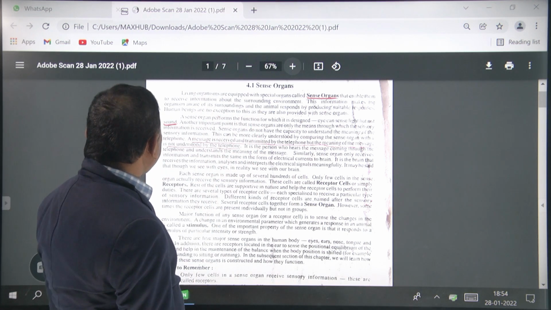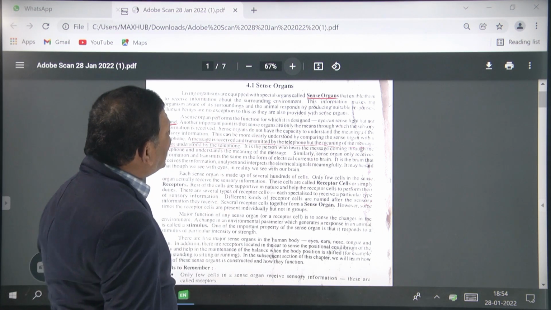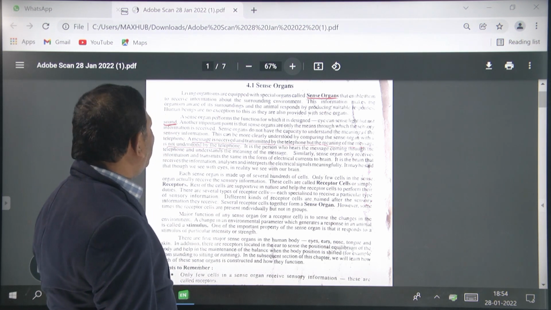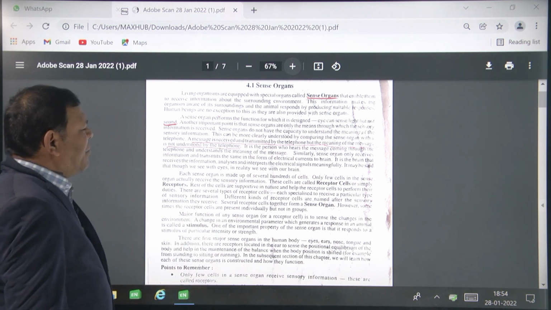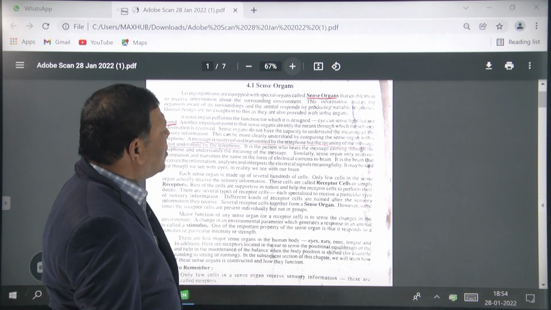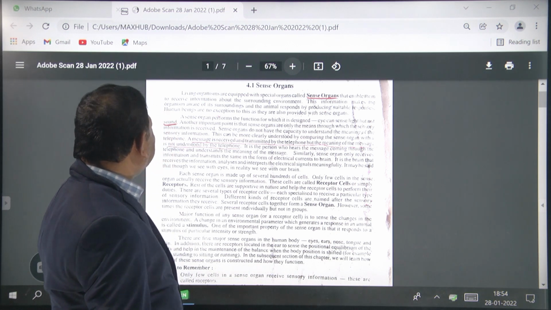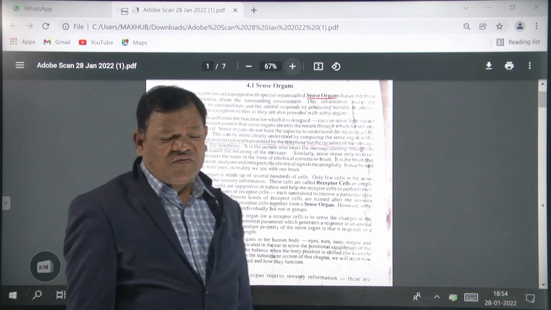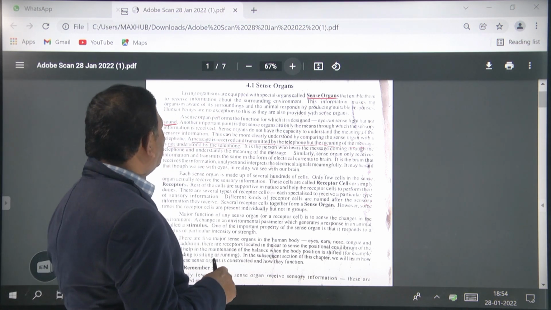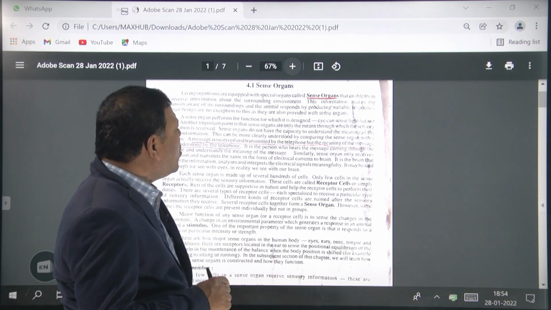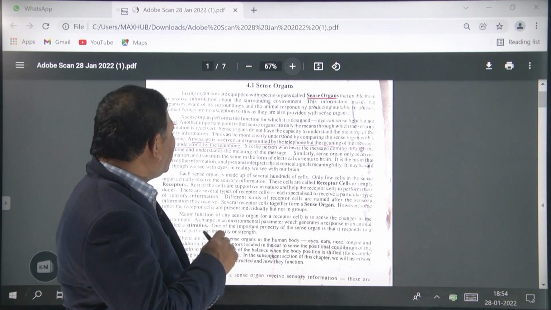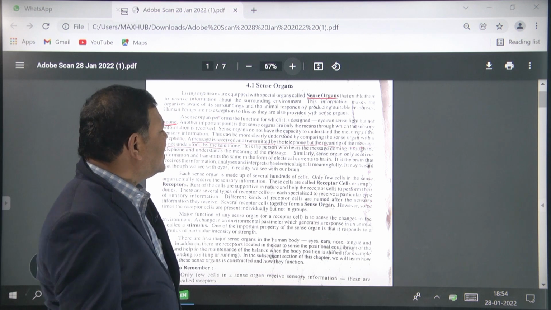This can be understood more clearly by comparing the sense organ with a telephone. A message is received and transmitted by the telephone, but the meaning of the message is not understood by the telephone. Sense organs work in the same manner. It is the person who hears the message coming through the telephone and understands its meaning.